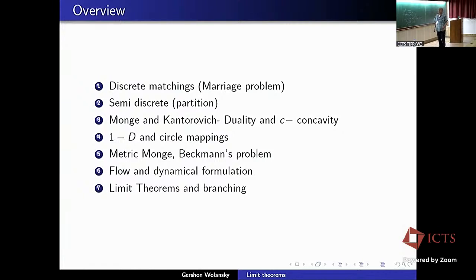Okay, so this is more or less the program. I hope to finish it all, because especially in the last part, there are some open problems which can be very interesting to some of you who may want to pursue this.